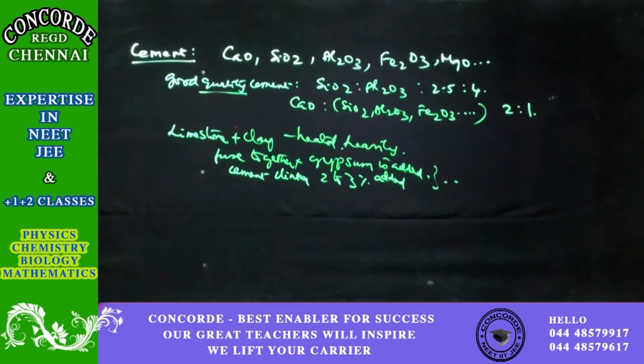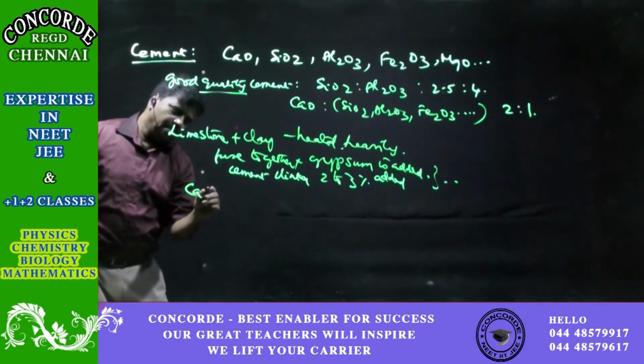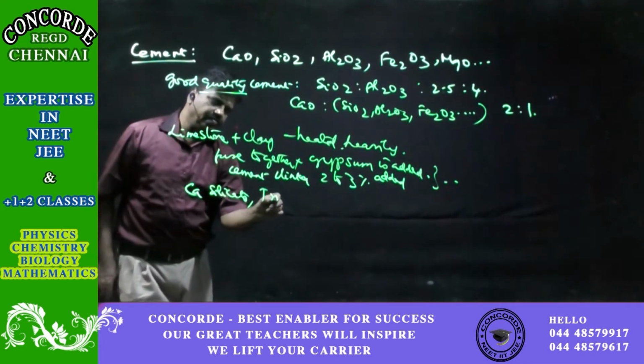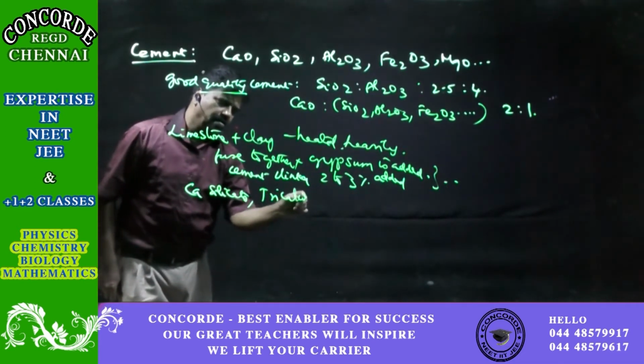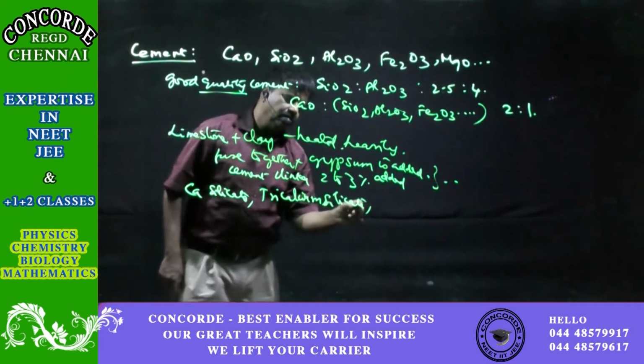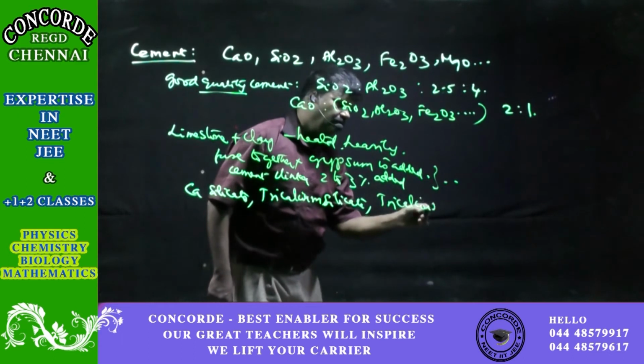Apart from this, the important materials which are there in cement are calcium silicate, tricalcium silicate, and tricalcium aluminate.